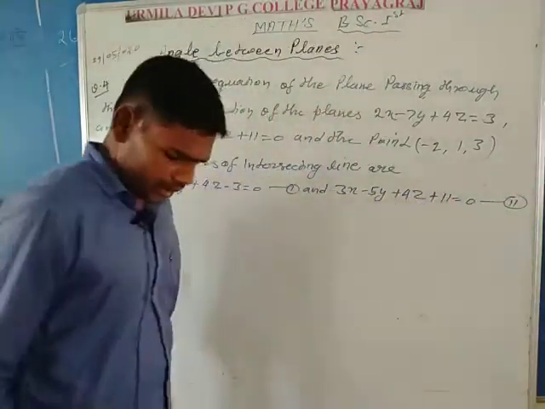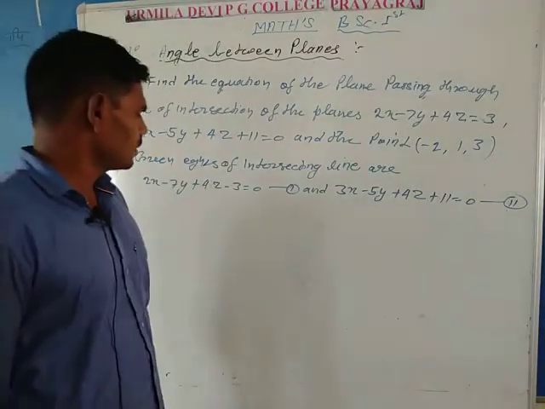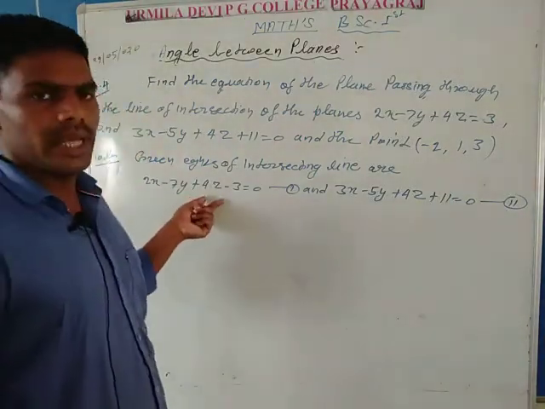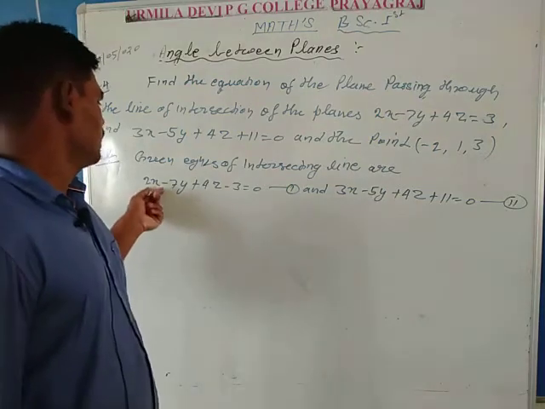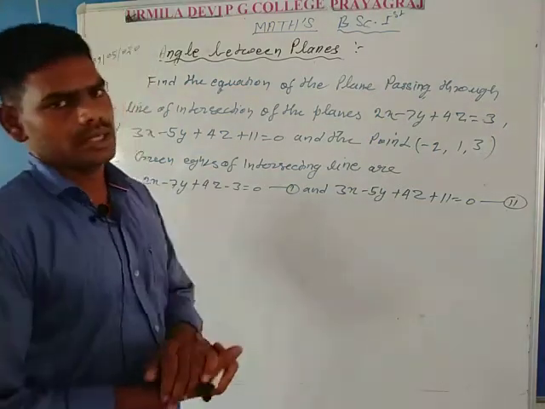So the intersecting line is formed by the intersection of two planes whose equations are equation first and equation second.